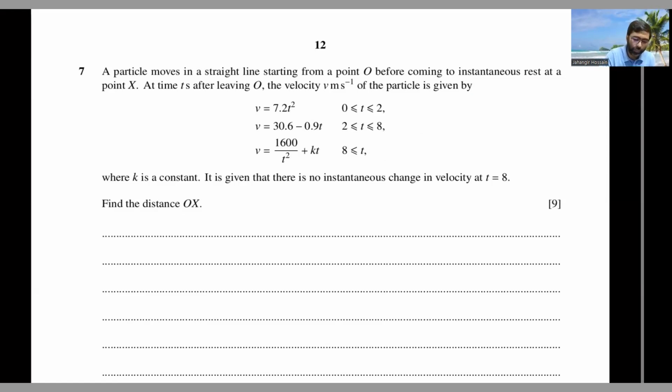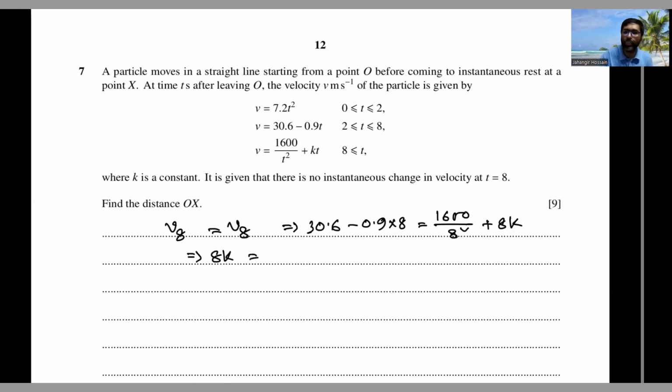So equate them. v8 from the first equation, 30.6 minus 0.9 into 8, equal to 1600 by 8 square plus 8k. So 8k equal to that, and this is k equal to minus 1.6, k equal to minus 0.2.